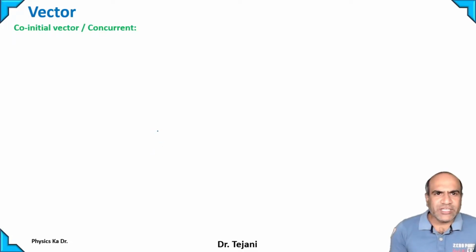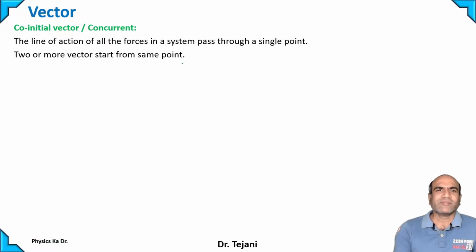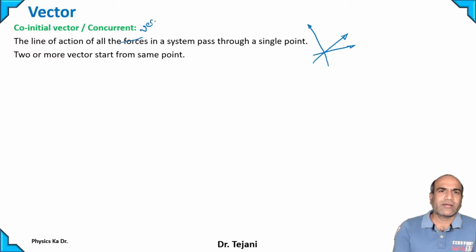Next is co-initial or concurrent. From the name itself you can judge, but concurrent is also a word that is used for the similar case. It says that the line of action of all the forces in a system passes through a single point. If one force, or you can say one vector, is here, another vector is moving in this direction.